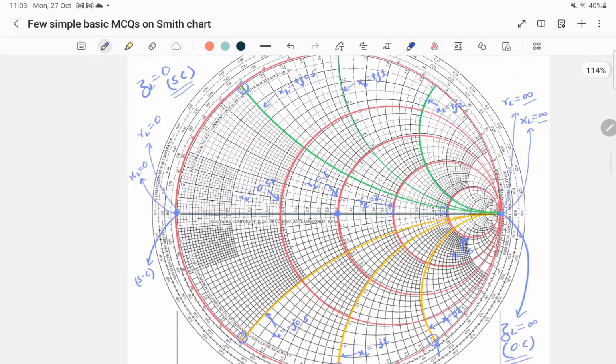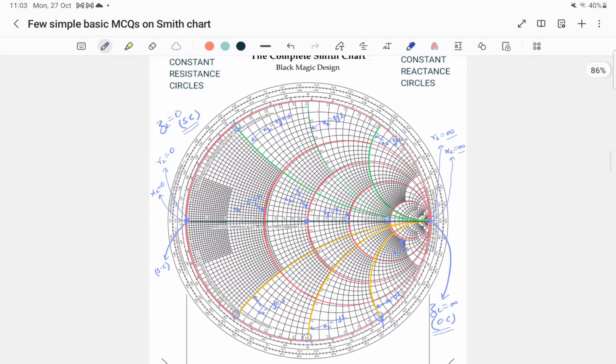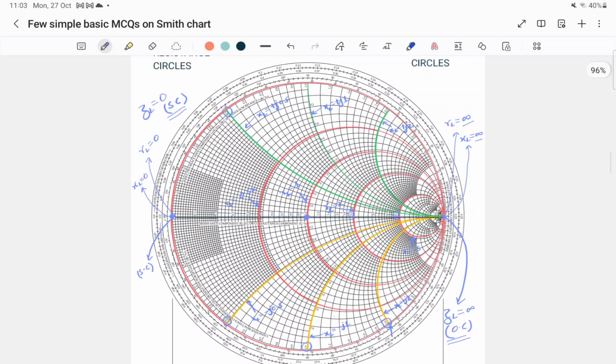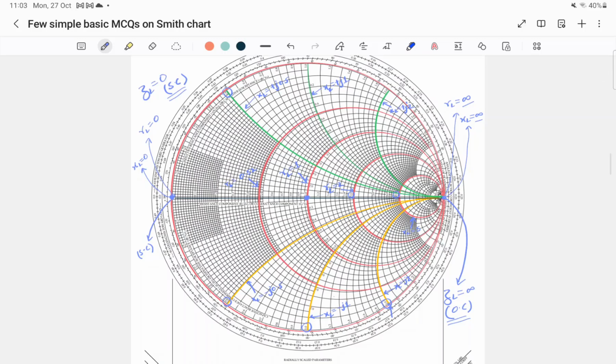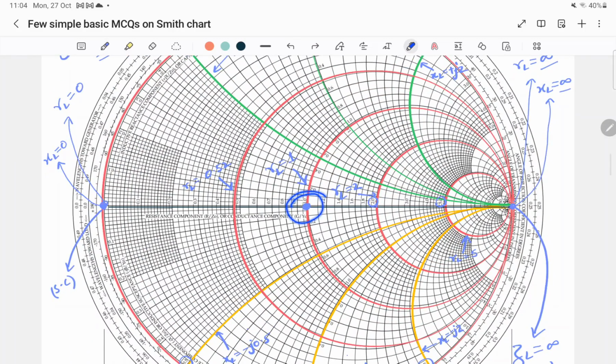Alright. Now before moving on to the next set, I would like to declare a few things in this Smith chart. First, this middle point in the Smith chart is called the matched load point.